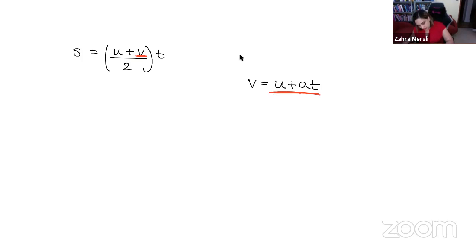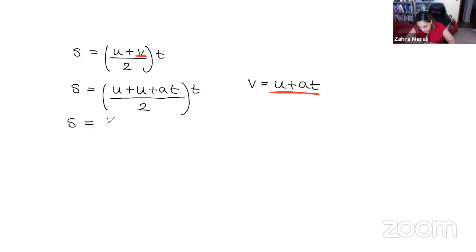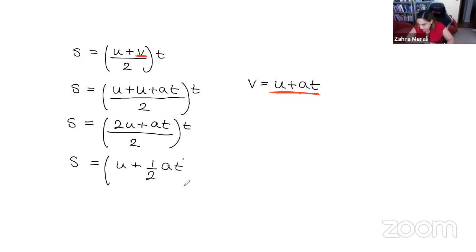So I end up with S equals U plus AT over 2 times T. So I get S equals 2U plus AT over 2 times T. The 2's cancel there and leave me with U plus a half AT times T. So S equals UT plus a half AT squared.